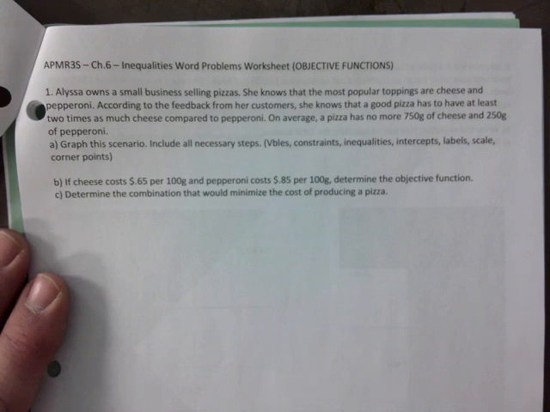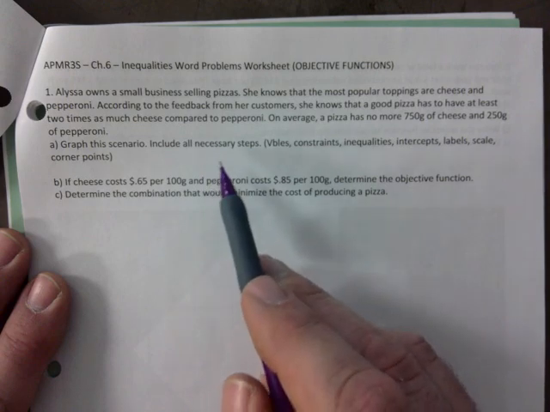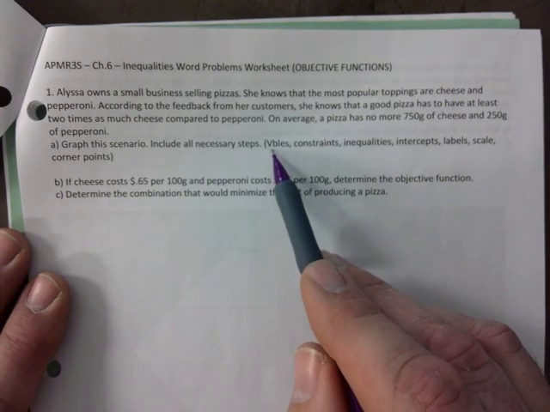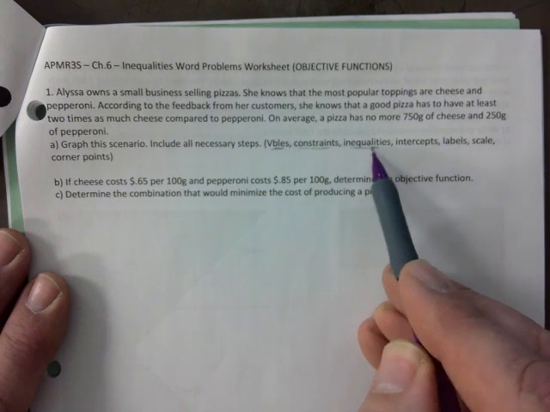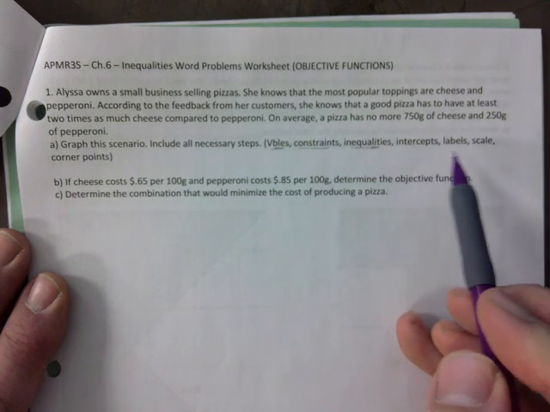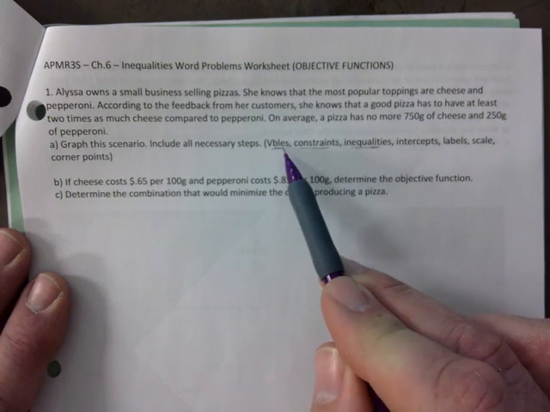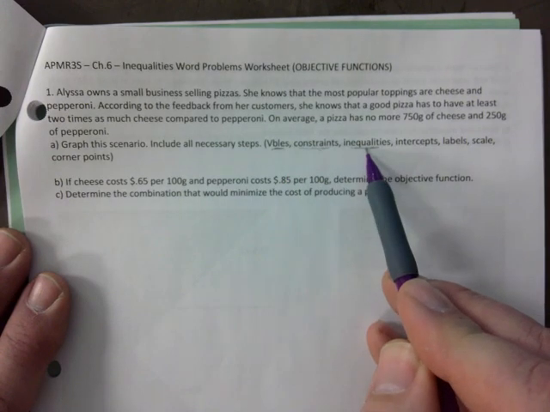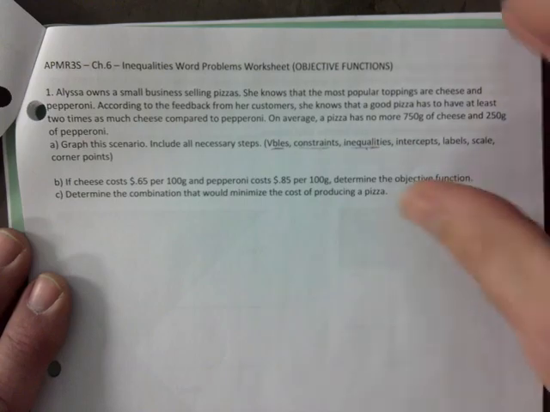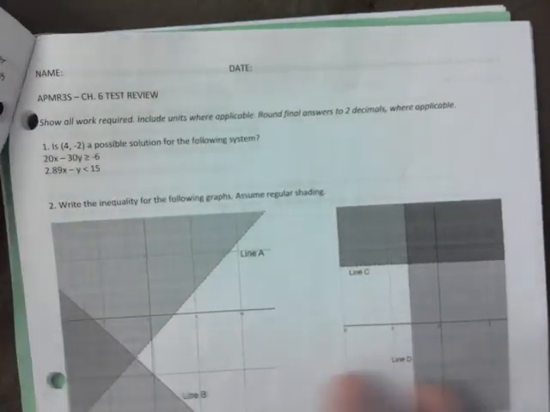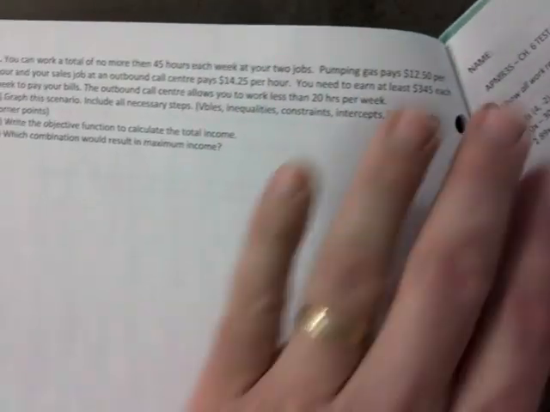Page 59, I want you to first read it. I want you to come up with your variables, implicit constraint, come up with the inequalities. Don't find the intercepts or anything like that just yet. Just come up with the first 3. It's the most challenging. Once you're done with that, you go to page 60.